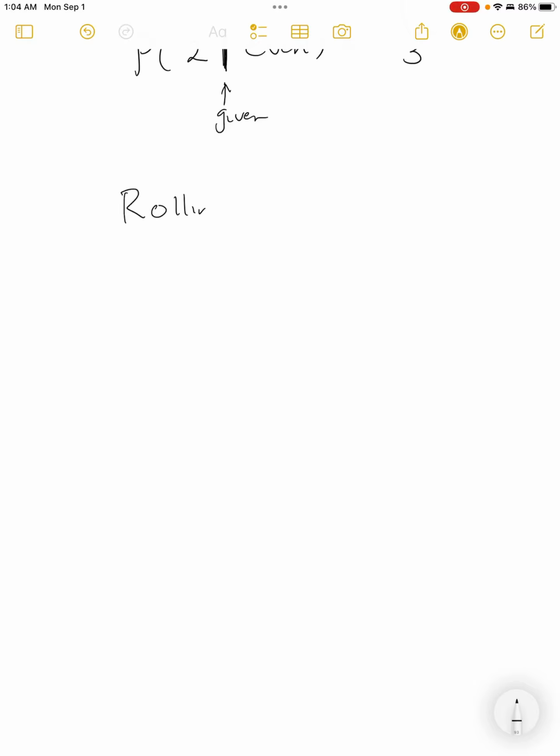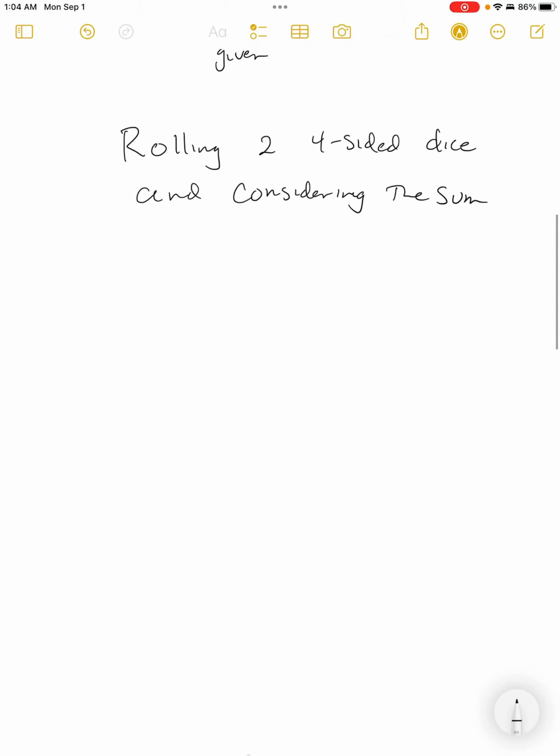So we could continue with the die example, rolling 2 dice. How about 2 4-sided dice? And considering the total. I'll put the sum here just to keep the language of the book consistent. Okay, so maybe it would be good for me to see my space.